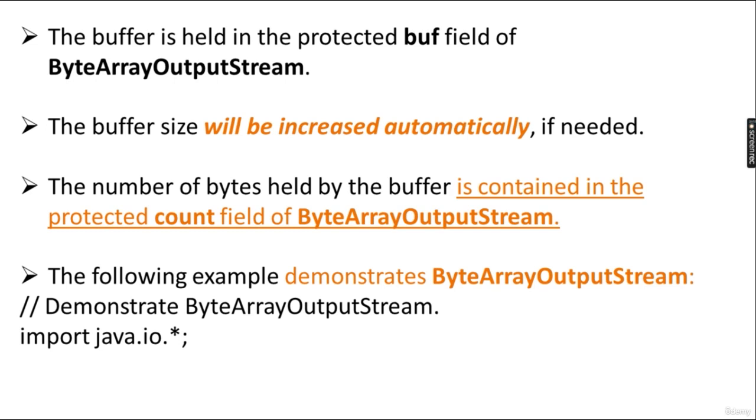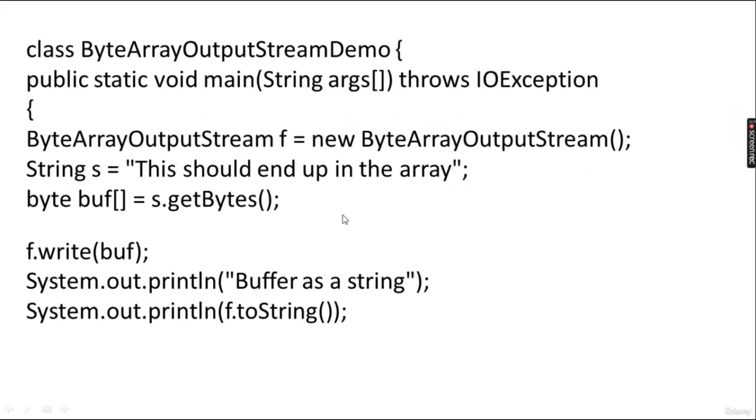Now we will see the example. Import the java.io package like this, and then the object is created, then a string, which should end up in the byte array buffer using s.getBytes. So f.write: the ByteArrayOutputStream object writes to the particular buffer.